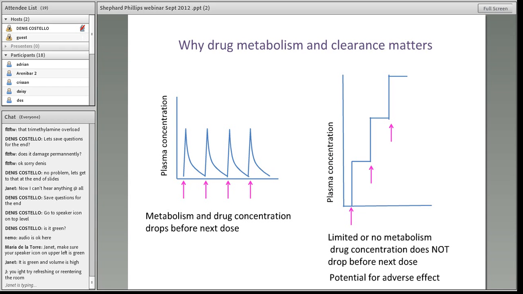So why does drug metabolism and clearance of the drug matter? Well, it matters really a great deal. So there are two panels here, and if you first look at the one on the left-hand side, you'll see a graph that on the one axis we have plasma concentration, and on the bottom axis we see little pink arrows. And the little pink arrow is representing when you swallow a pill.